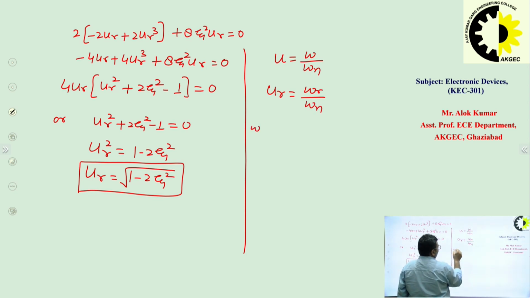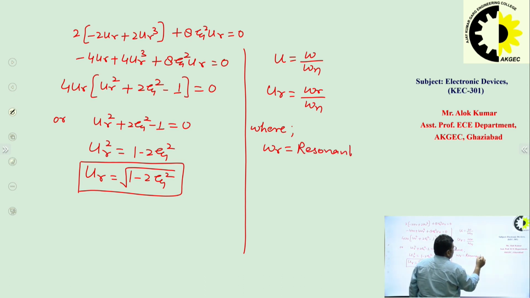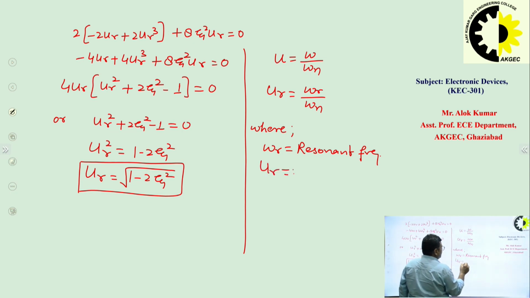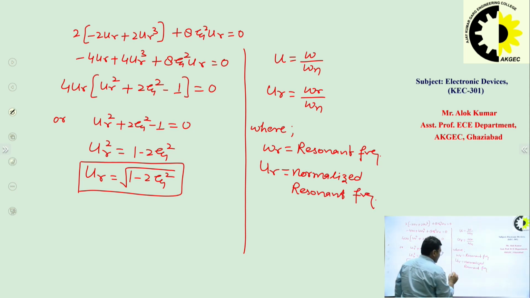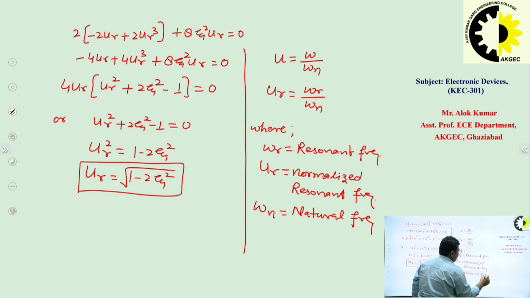Where we know that this omega r is equal to resonant frequency. ur, we can say it is a normalized resonant frequency. And omega n, we know omega n is the natural frequency.